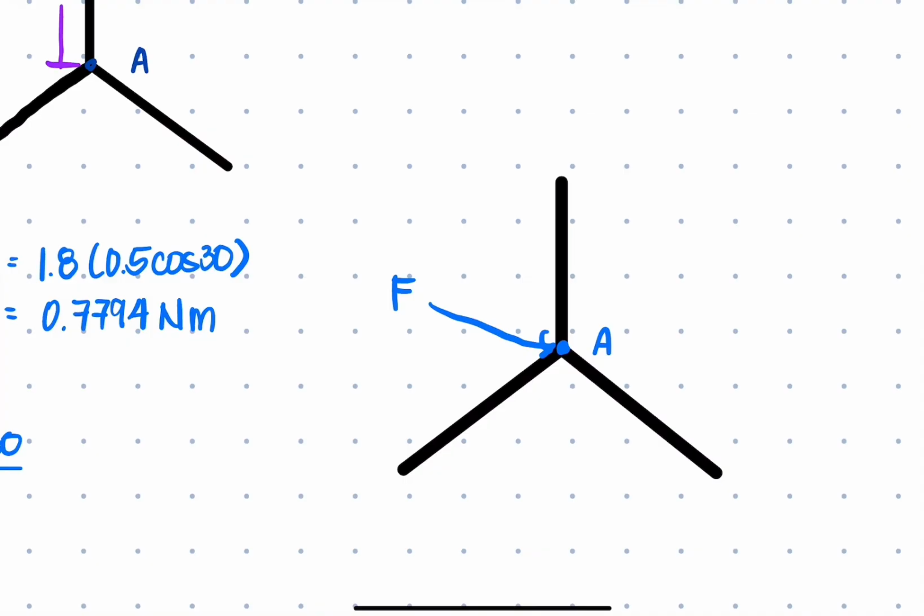Similarly, pwede tayong mag-apply ng force dito sa taas. And if we draw the line of action of the force, makikita natin na it passes through point A, our axis of rotation. So, similarly, itong force na ito ay hindi makakapag-cause ng rotation ng ating rigid body.